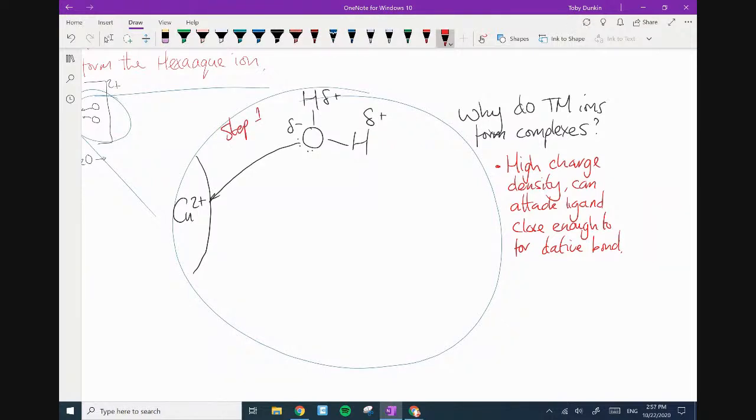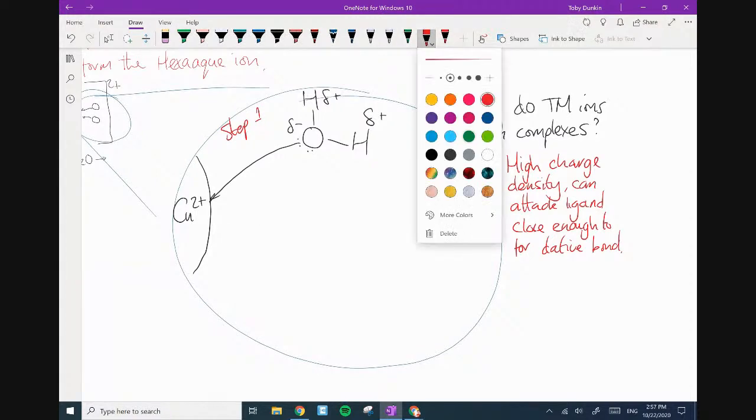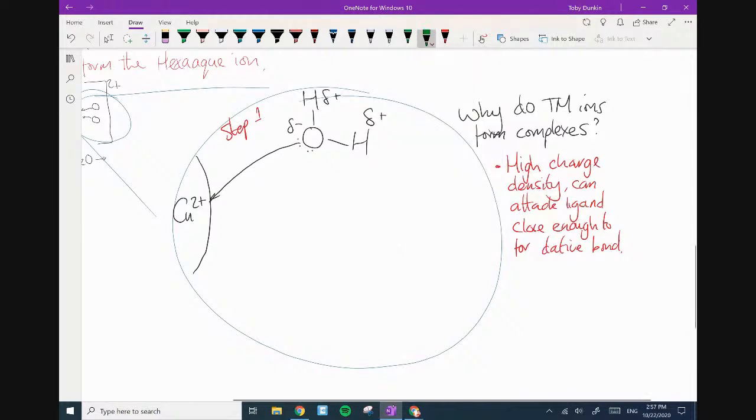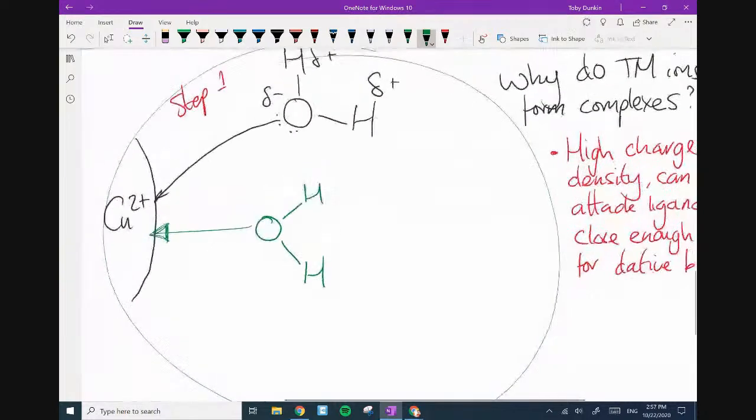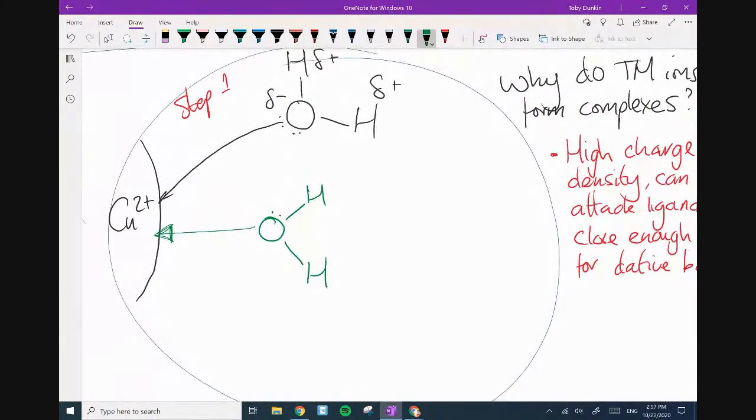So what does step 2 look like? Let's change the color and do step 2. I'm going to switch this over to dark green. So here's step 2. The dative bond has been made. I think I should make this thicker. One of the lone pairs has bound, and the other lone pair is facing in the other direction.